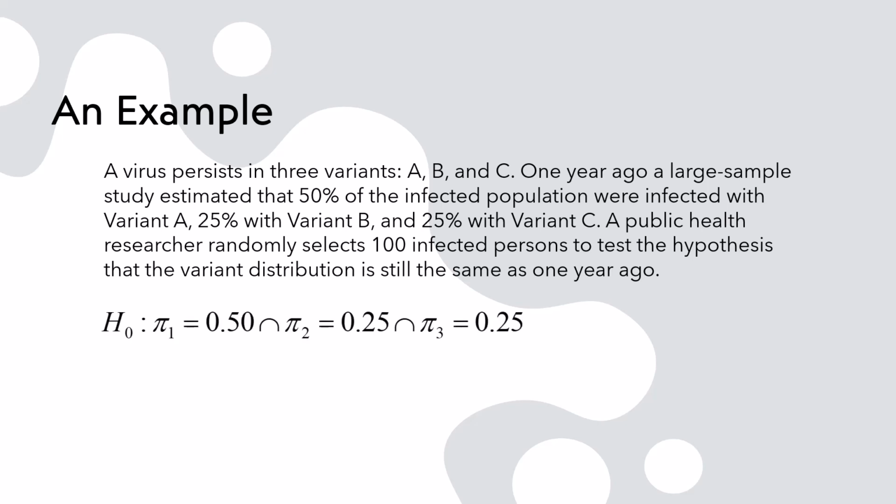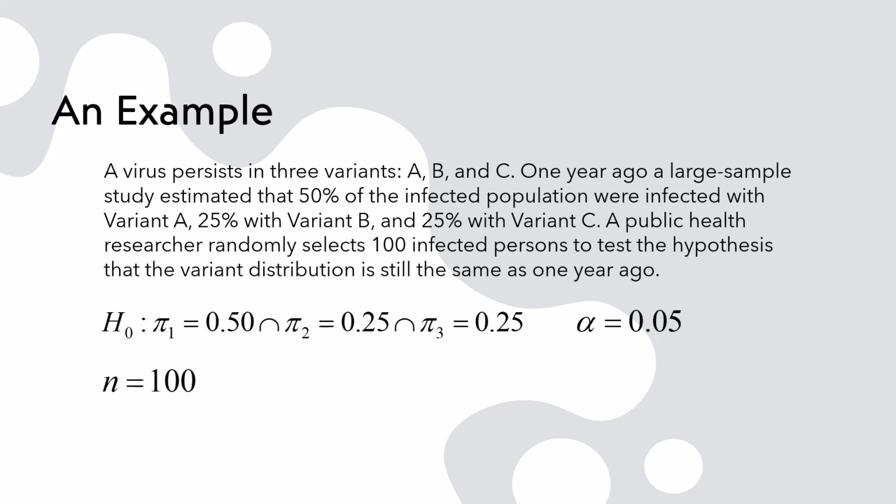Here's our null hypothesis, that pi1 is 0.5, pi2 is 0.25, pi3 is 0.25, and all of those are true at the same time. Given that we have a large sample, we can go ahead and set alpha at the common value of 0.05. We have an n of 100.